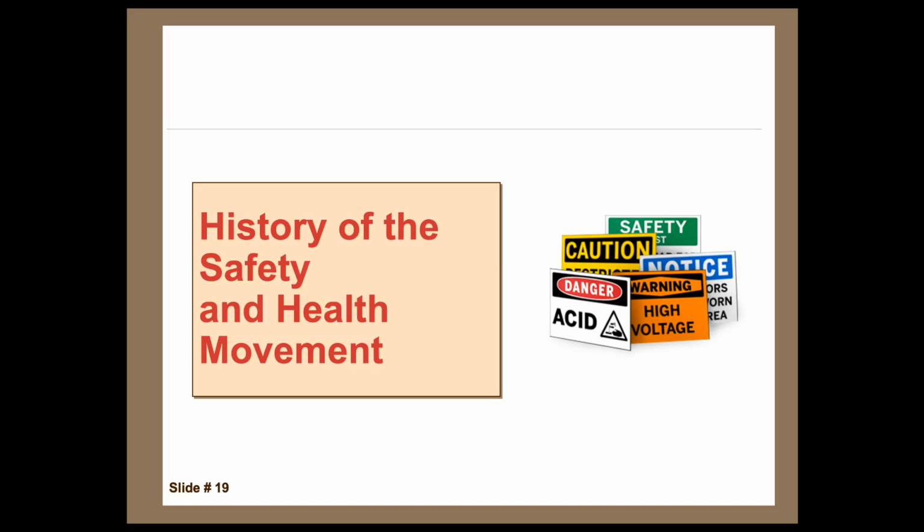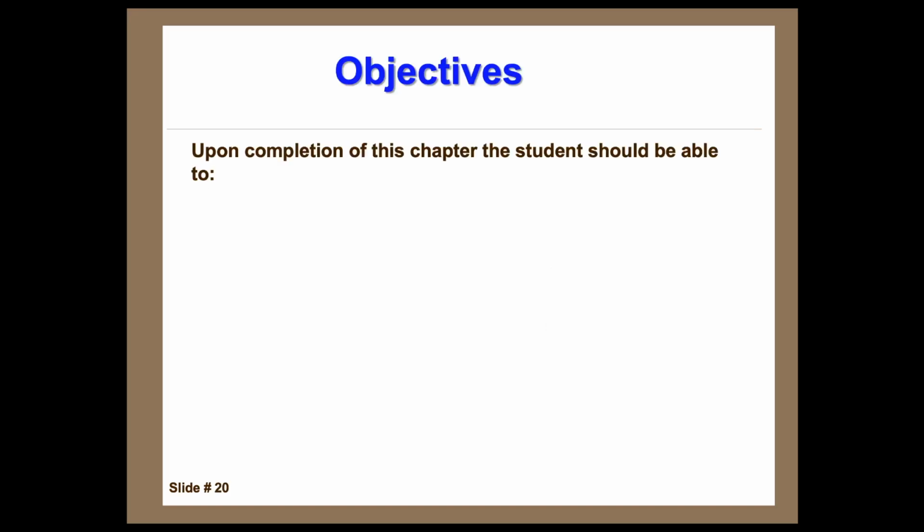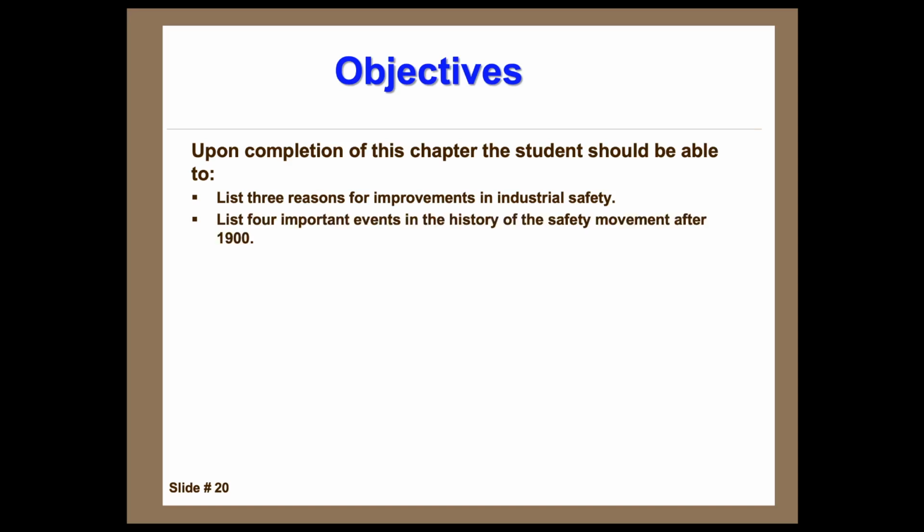Here we will study some history of the safety and health movement. Upon completion of this chapter, the student should be able to list three reasons for improvement in industrial safety, list four important events in the history of the safety movement after 1900, and discuss how settlement houses played a part in occupational safety.